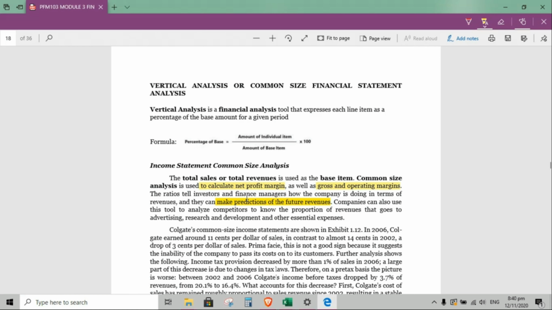Ngayon, ang computation sa vertical analysis ay magkaiba sa horizontal analysis. Kasi nga, tulad ng sinabi ko, wala tayong i-compare na taon. So, paano siya i-compute? Ito yung formula. The formula is percentage of base is equal to amount of individual item divided by amount of base item times 100.